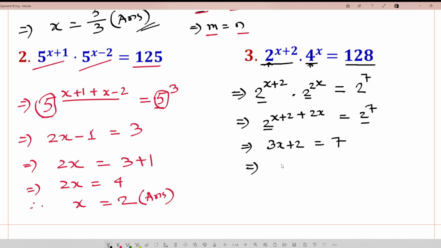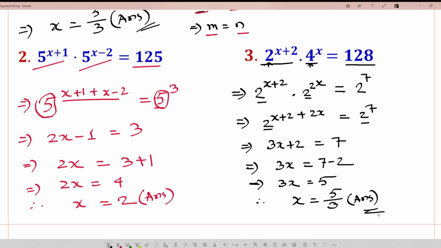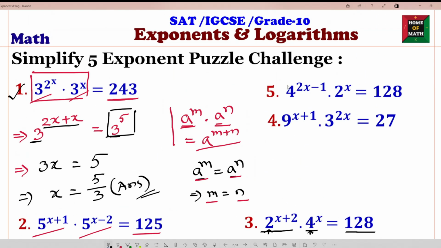Now look, 3x equals, plus 2 will become minus 2, so 7 minus 2. Here is 3x, 7 minus 2 means 5. So once we divide both sides by 3, x equals 5 divided by 3. Answer. Okay, 3 questions answered.